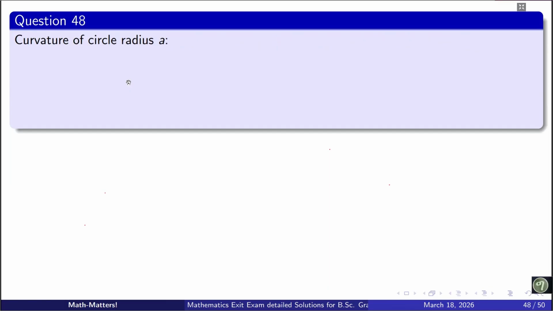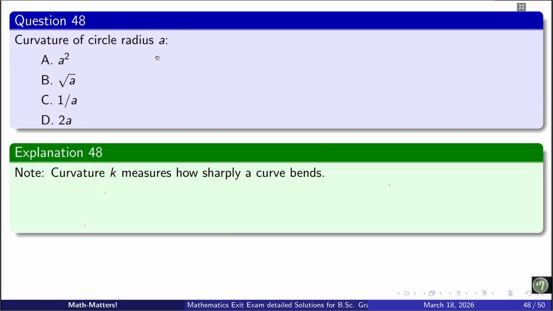Next, the curvature of a circle with radius A is: A squared, the square root of A, 1 over A, or twice A. Note, the curvature K measures how sharply a curve bends.